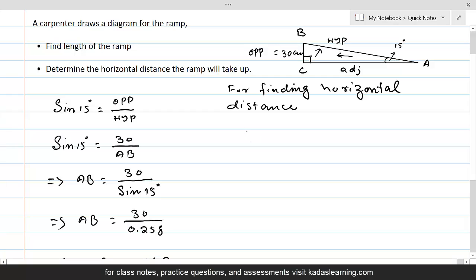So cos of 15 degrees is equal to AC, which is adjacent, over hypotenuse, and this means cos of 15 degrees is equal to AC over AB.